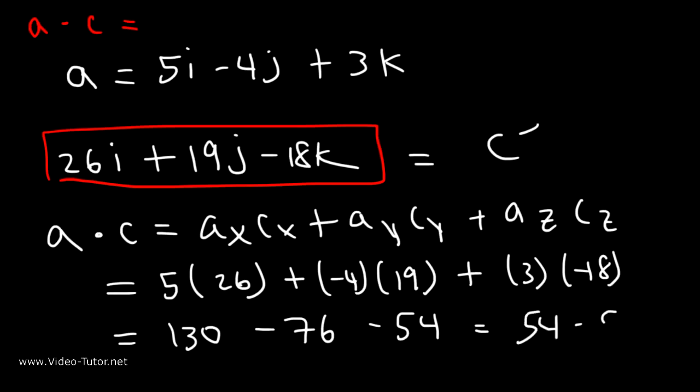So it's 54 minus 54, which is 0. So the fact that A and C are orthogonal means that this is the right answer. And then just to double check, you can make sure that the dot product of vector B and C is equal to 0, then you know that you have the right answer. This is the cross product of A and B.